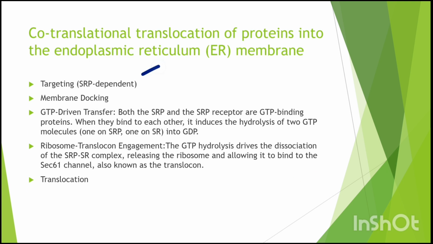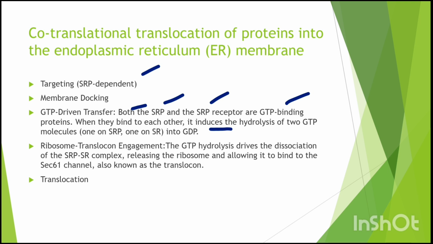At first, targeting, which is SRP dependent, then membrane docking, that means attachment of that complex to the ER membrane, then GTP driven transfer. Both SRP and SRP receptor are GTP binding proteins. When they bind with each other, it induces the hydrolysis, that means breaking of GTP to GDP.